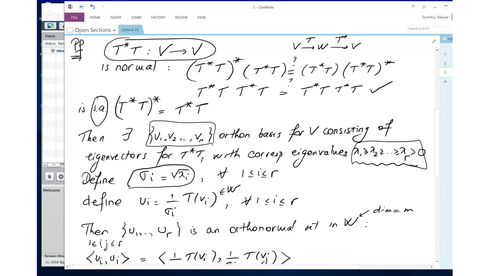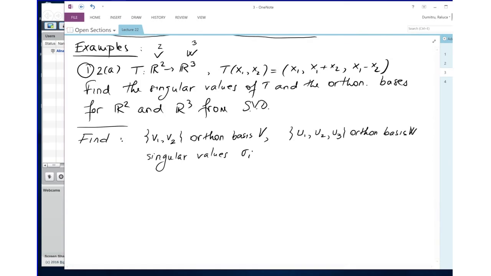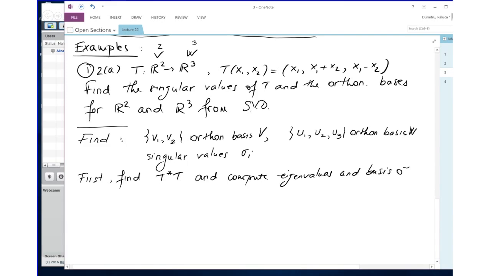We can find the operator T star T and compute its eigenvalues. T star T went from V to V. Our V is R2, so that will give us a basis of eigenvectors for R2.